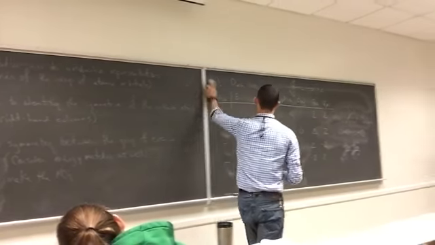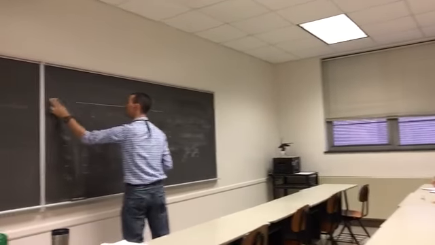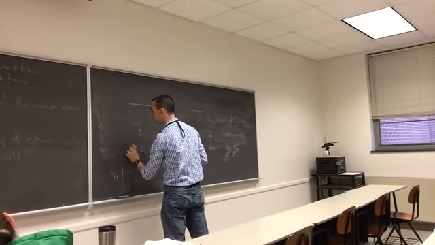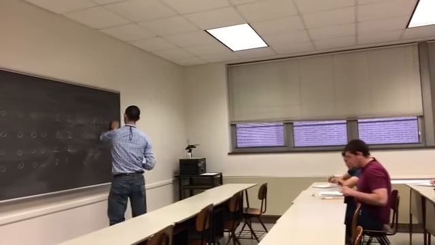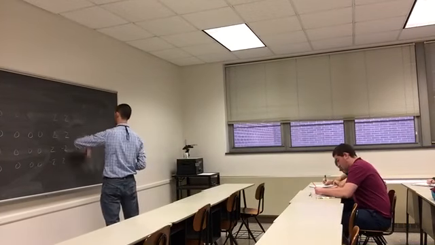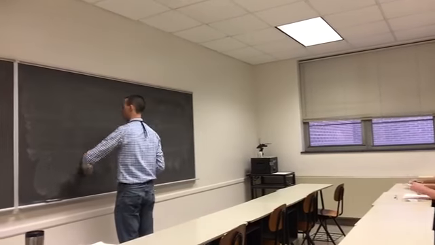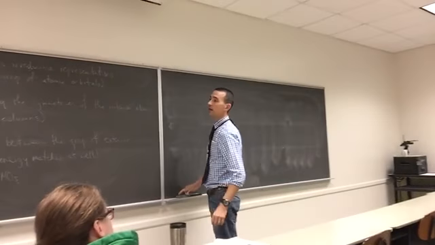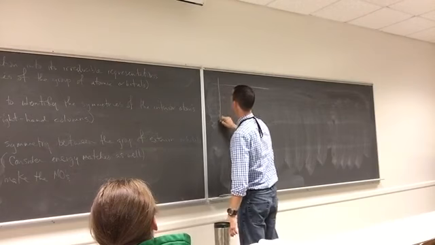Now, step 5. All right. Use the character table to determine the symmetries of the atomic orbitals of the middle atom, the interior atom. All right, so if we have the character table here, again, I'm going to have to draw this out.